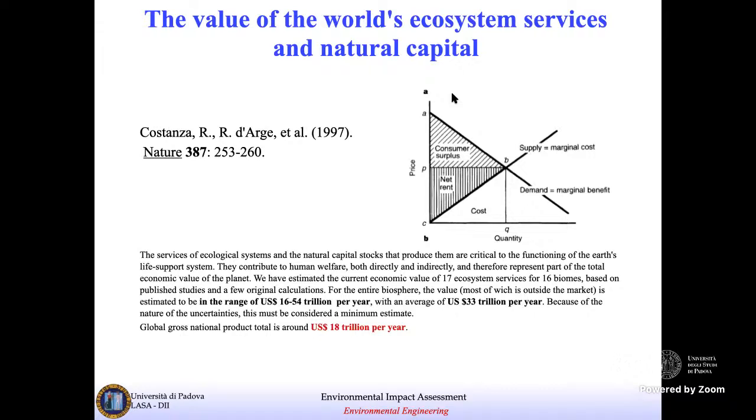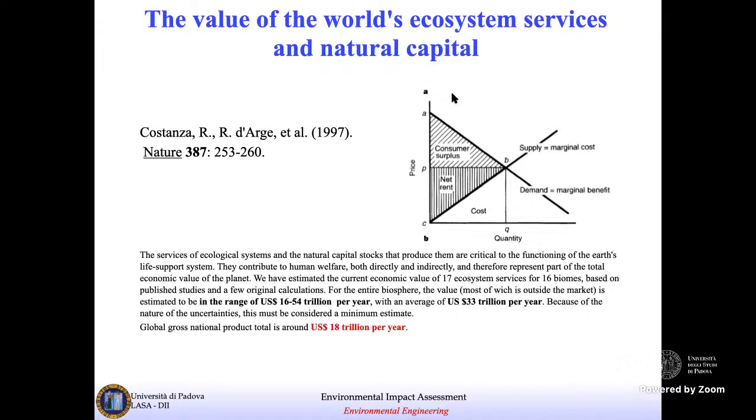It's a paper with almost 30 to 40 authors that was published in Nature in 1997, and the title of the paper was The Value of the World's Ecosystem Services and Natural Capital. What they have tried to do in this paper, as the title suggests, is to evaluate the total value of the services provided by nature.